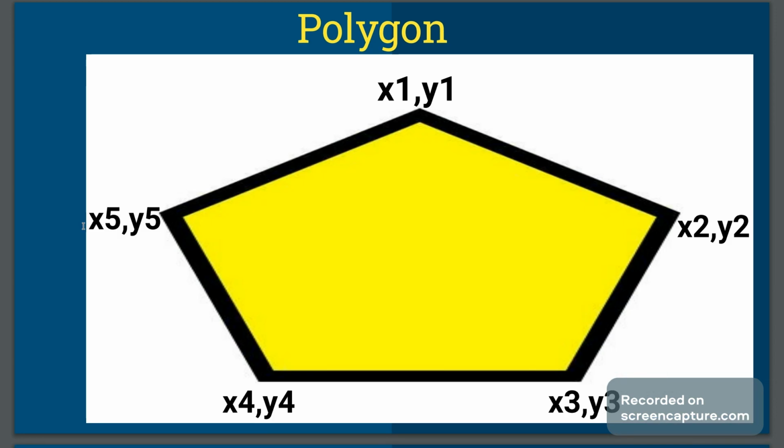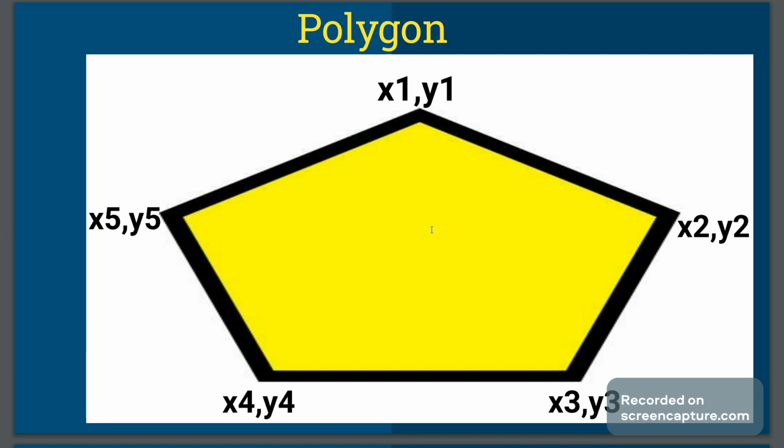Now suppose I want to draw such a polygon. Of course, we have to think about the number of points. So here this polygon has 1, 2, 3, 4, and 5 corners or points. For each point, we know that we need two coordinates, x and y. So it means I have a set of 5 x coordinates and a set of 5 y coordinates.